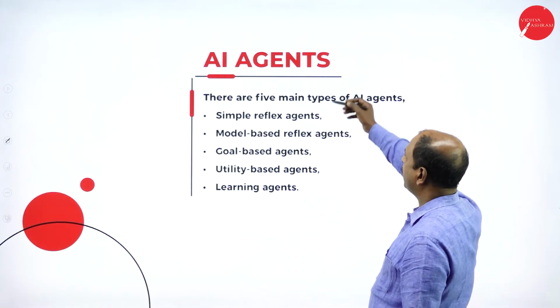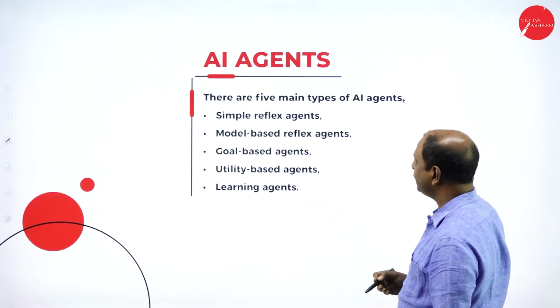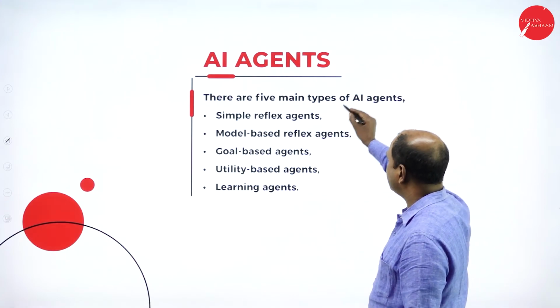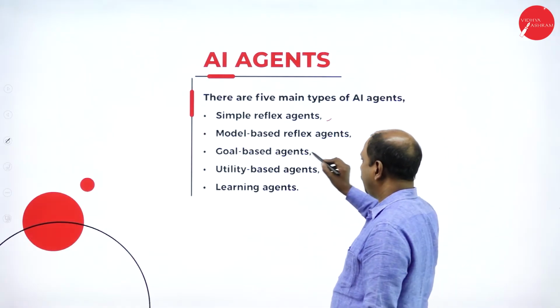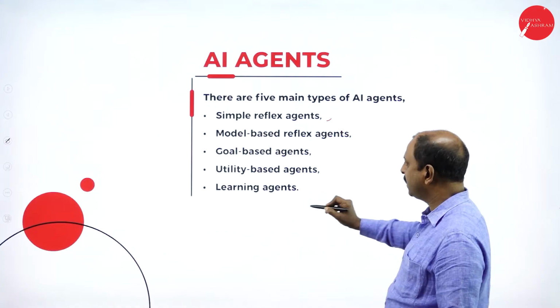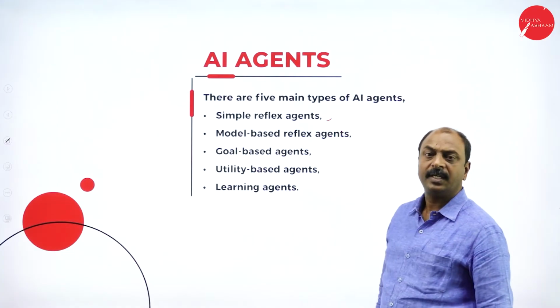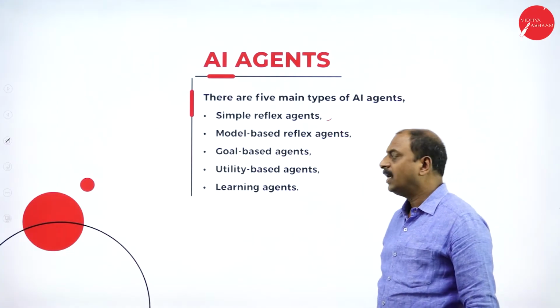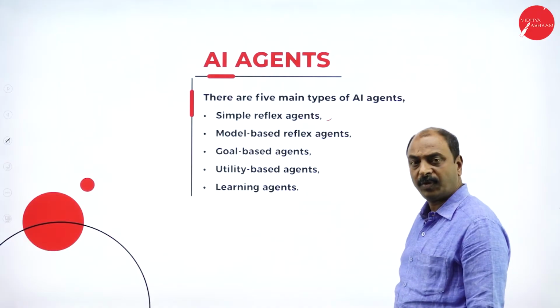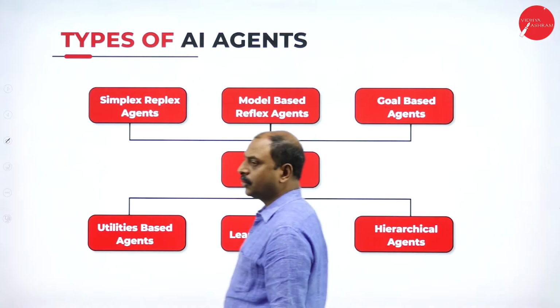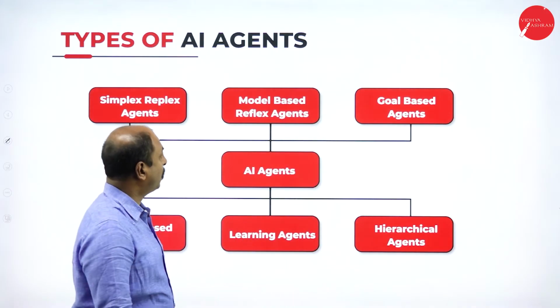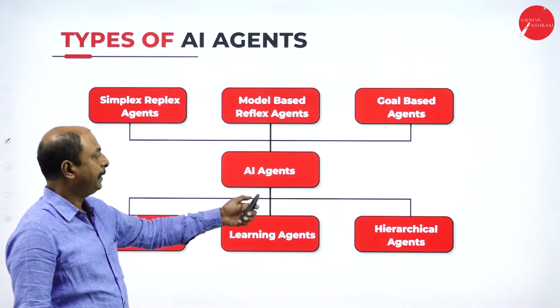So here we have different types of agents: simple reflex agents, model-based reflex agents, goal-based agents, utility-based agents, and learning agents. These are the different types of agents. Now let us learn them one by one. Again, these are diagrammatic representations to show the different types of AI agents.